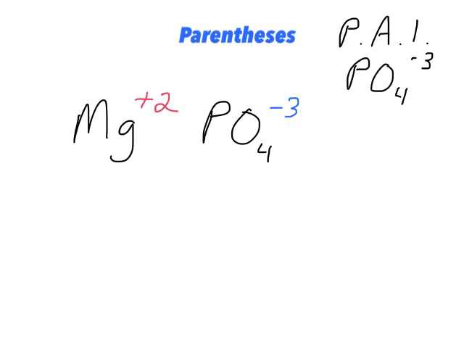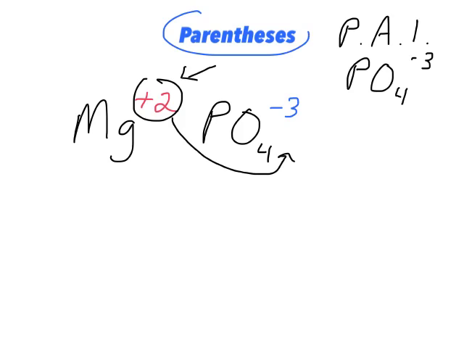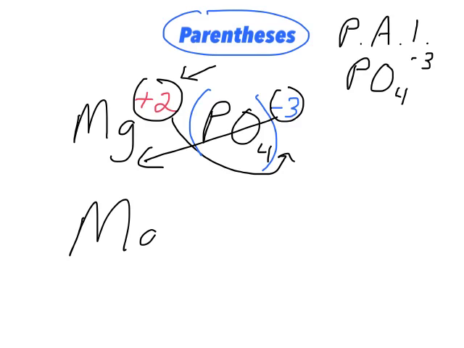We still apply the crossover rule, so we take the charge and we make it a subscript. But there's a problem. If this number is greater than 1, you need to use parentheses. 2 happens to be greater than 1, so we're going to put parentheses around the polyatomic ion. We also then want to take the -3 for the crossover rule, and that will leave us with Mg.